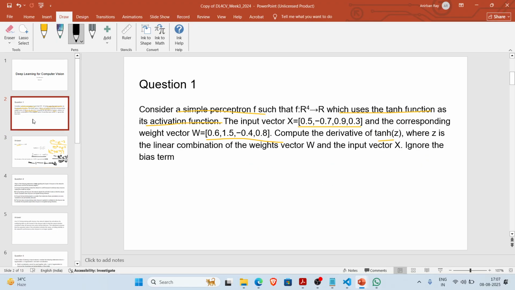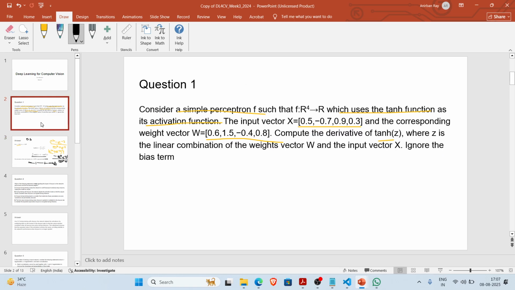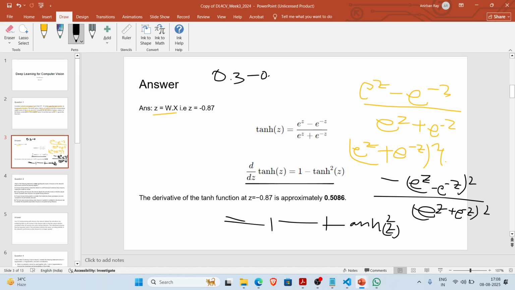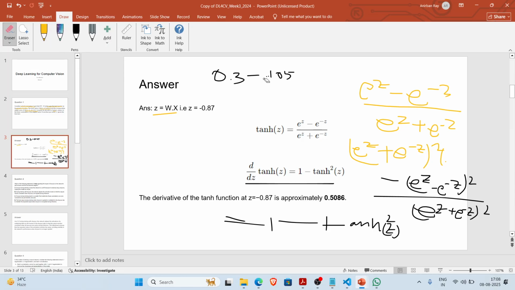So let me show you: 0.5 into 0.6 is 0.3. 1.5 into 0.7 is 1.05.